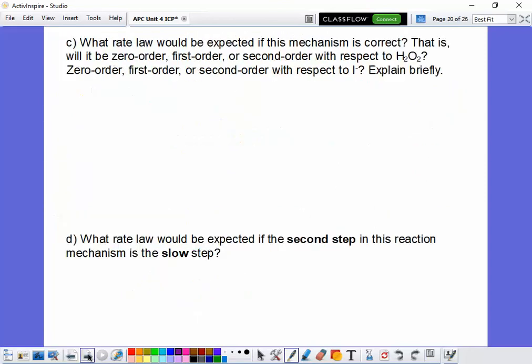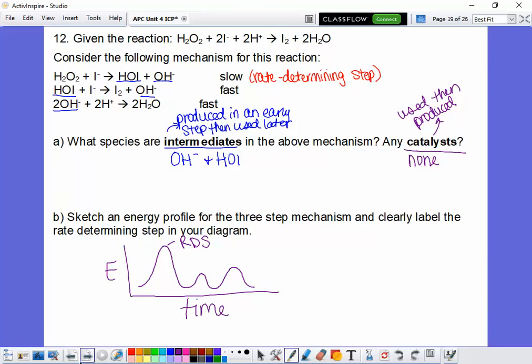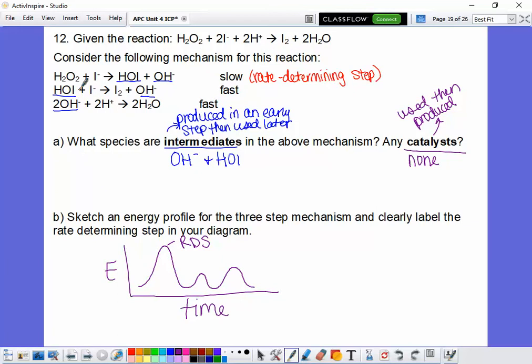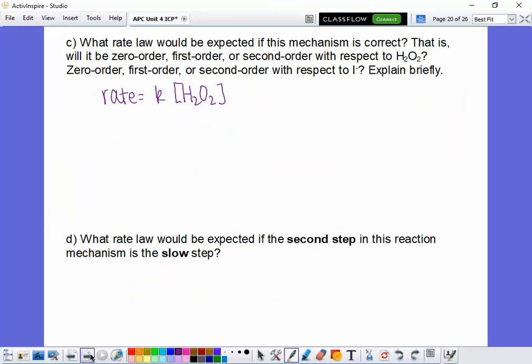Okay? So my rate law is going to be rate equals K times H2O2. What coefficient does H2O2 have? In that first step, 1.